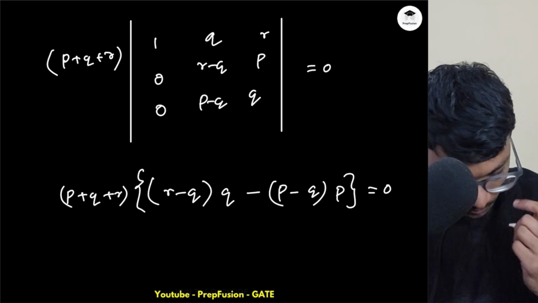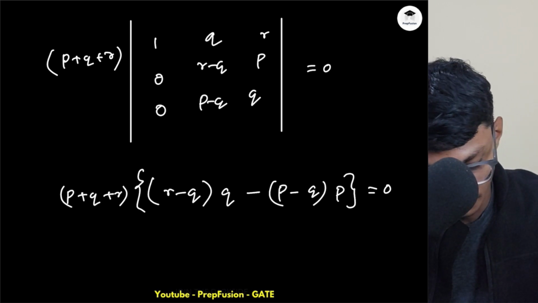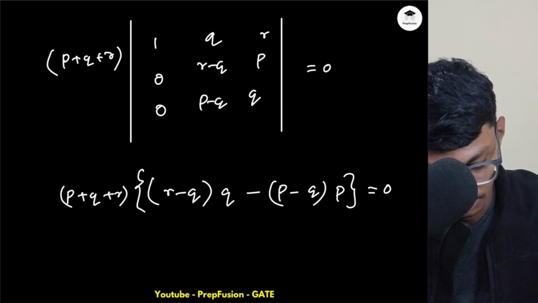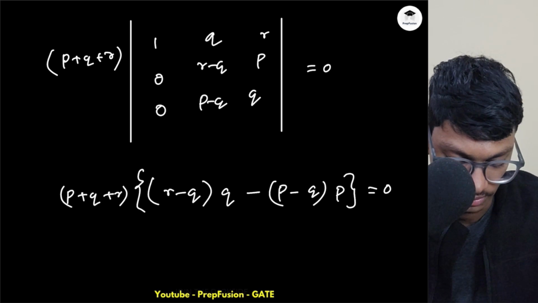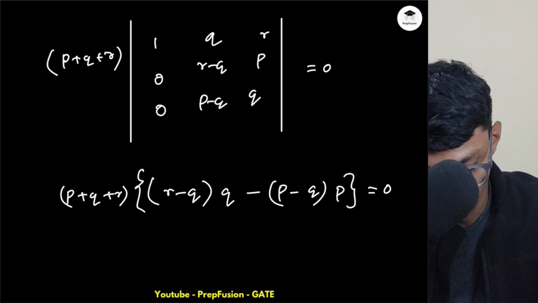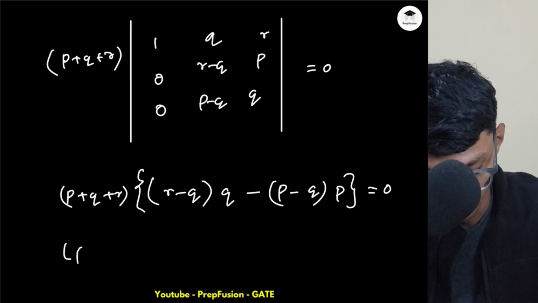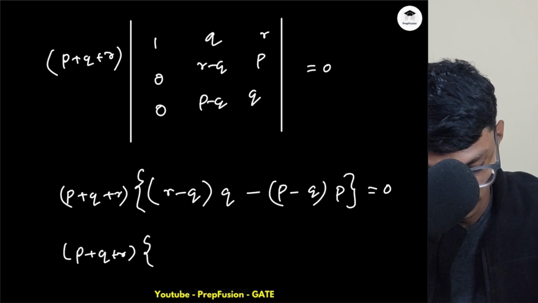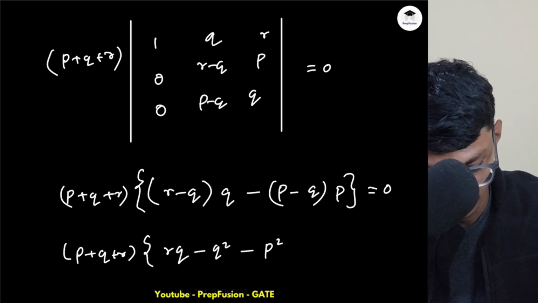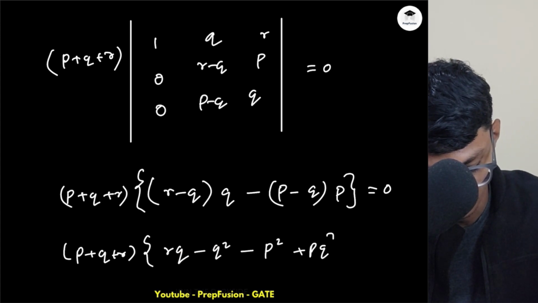In this case, can I further break this down? R Q, P Q, Q square. No, I can't break this down further. Let me just break this down. P plus Q plus R into RQ minus Q square minus P square plus PQ.